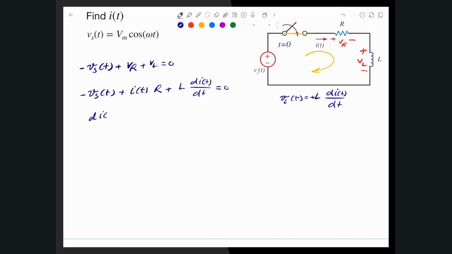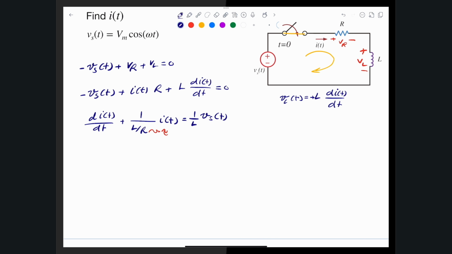We do a little bit of algebra, and what we end up with is di of t divided by dt plus R over L times I of t equals Vs of t divided by L, because we divided everything by L. Of course, we wrote it this way as a quick reminder: this is a first order circuit, so L over R is basically the tau, which is a time constant.